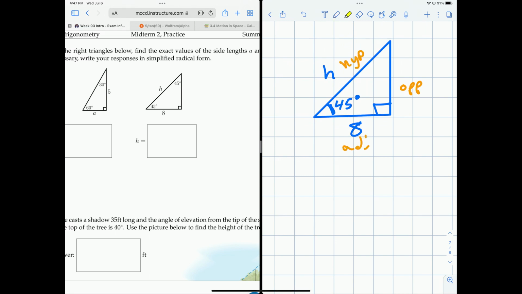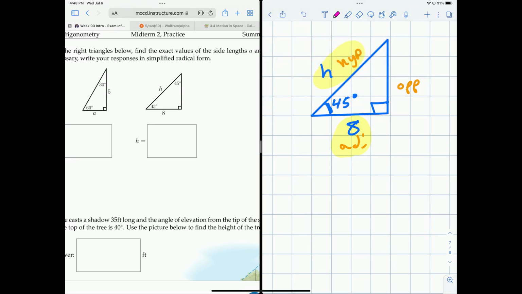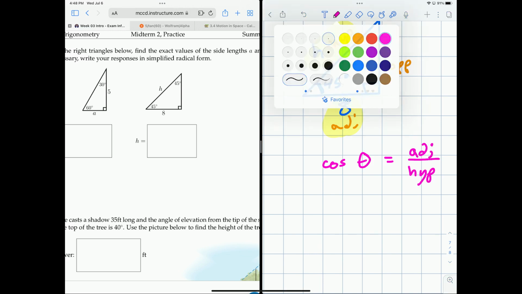So I know the adjacent and the hypotenuse, so I'm looking for a trig function involving hypotenuse and adjacent. And the trig function I know is the cosine. So cosine theta is adjacent over hypotenuse.